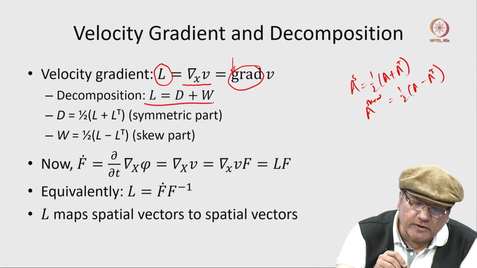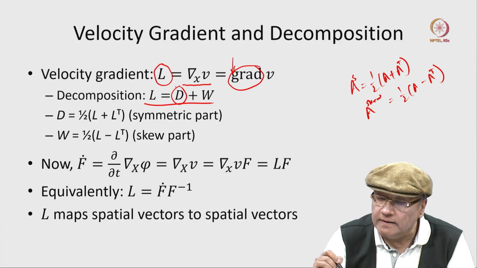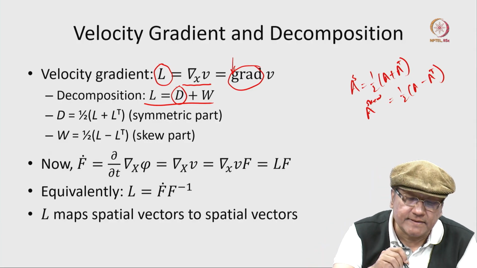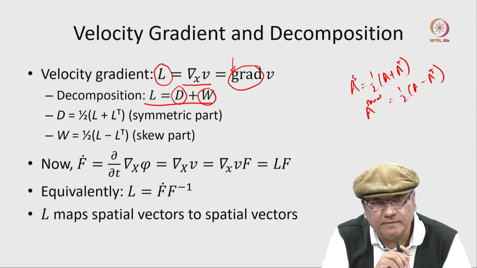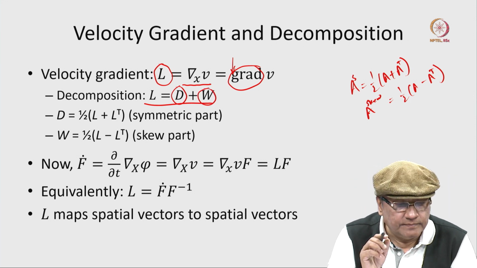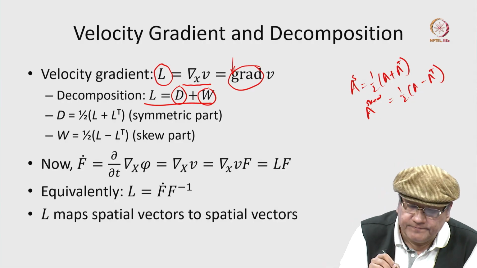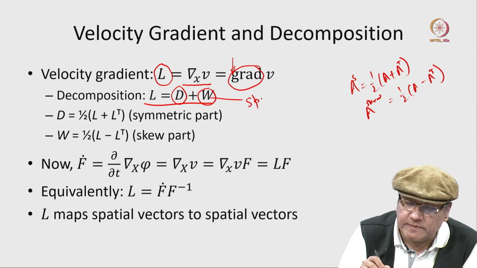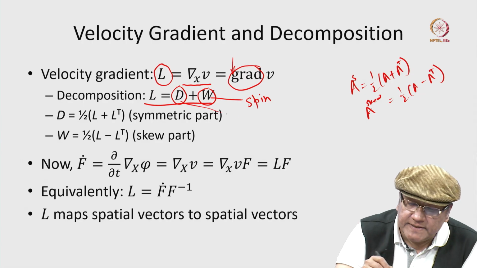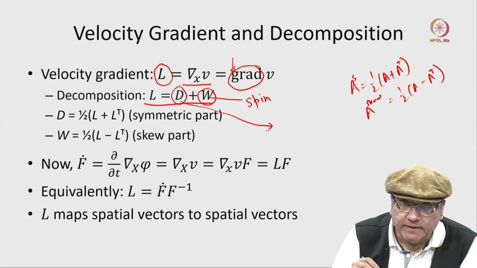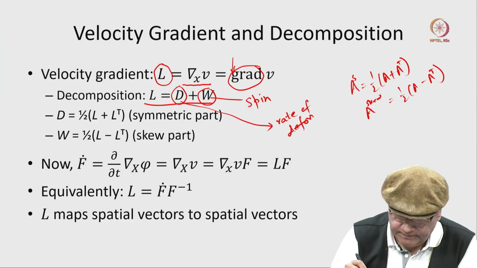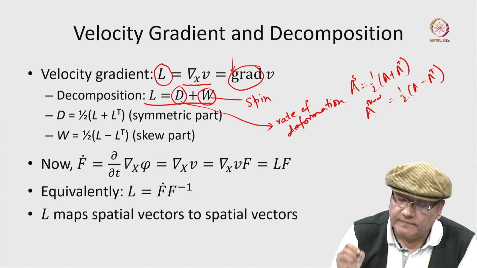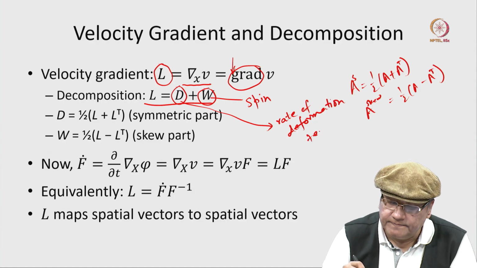Call the symmetric part of L, which is half of L plus L transpose, as D, and the skew symmetric part as W. W is also called the spin. And for D there is a name, it is called the rate of deformation tensor.